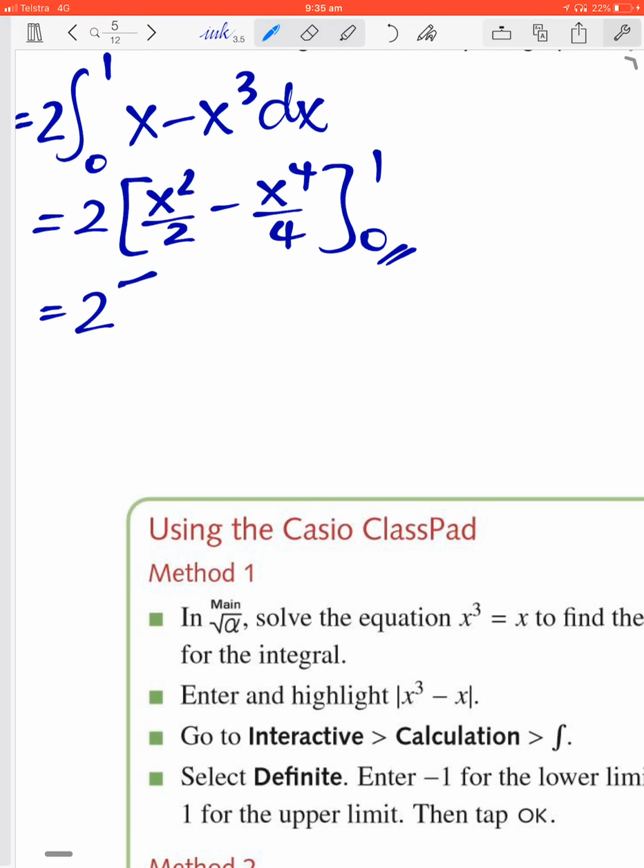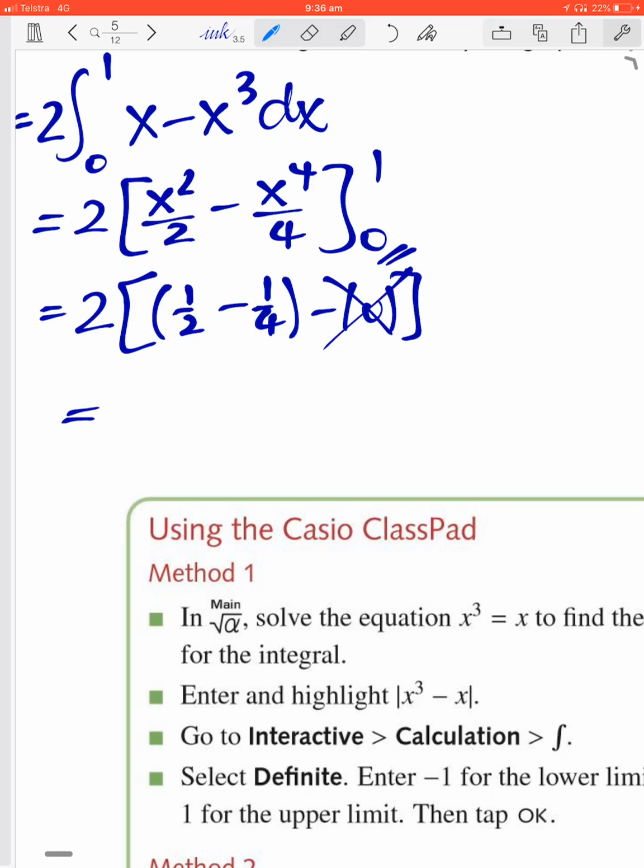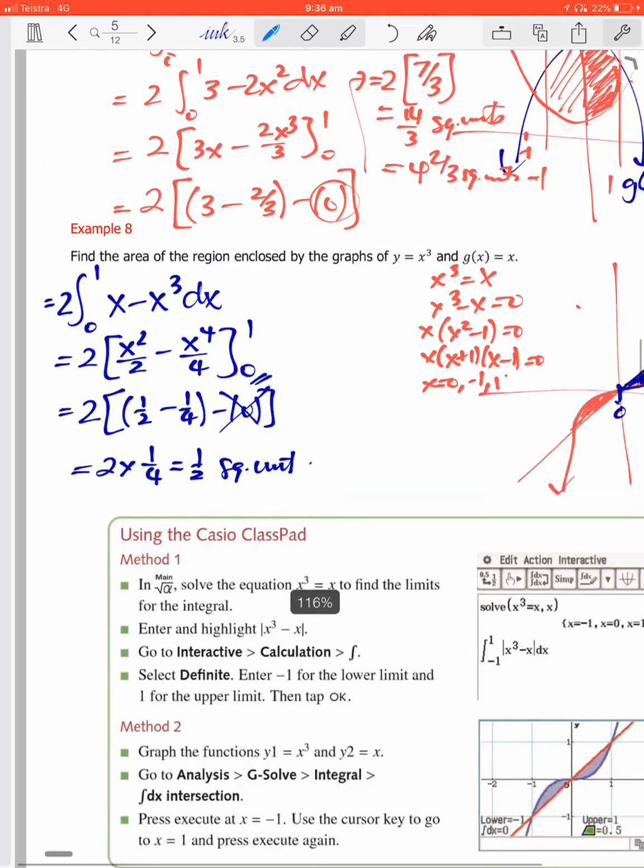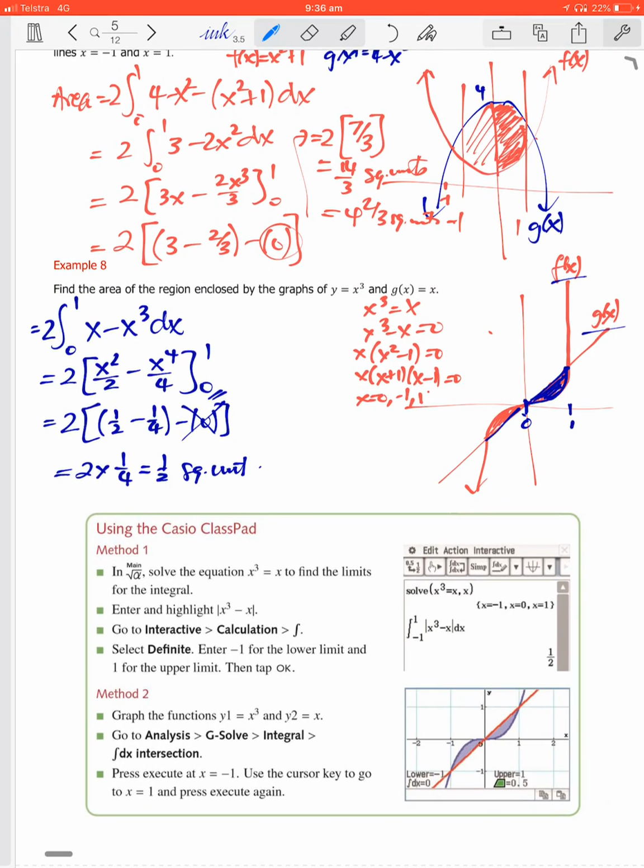Okay, so I get 2 times, when I put 1 into that, I get a half, minus 1/4, minus 0. Of course, that's 0. A half minus a quarter is a quarter. So I get 2 times a quarter, which is a half, square unit. So that is the area between there and there, my two blue areas.